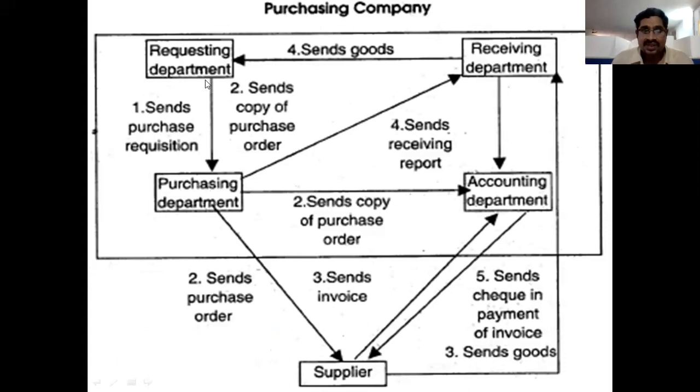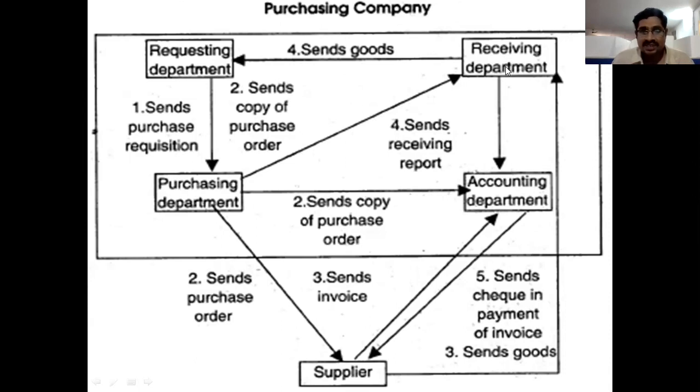First, after receiving a request or a need from materials management, inventory management, or stores, the purchasing manager will send a copy of the purchase order to the receiving department and the accounts department, and put the order to the suppliers.